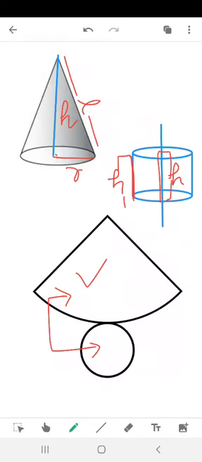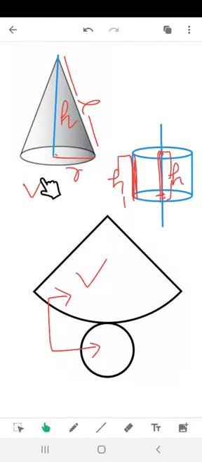Okay, in a right circular cylinder, the length of the line joining two centers of the opposite bases and the height is the same, but this is not the case with a cone. In a cone we have a slant height and a height. Okay, these are different to each other. Okay, so you have to understand this.